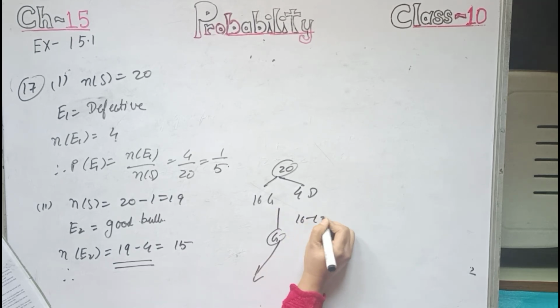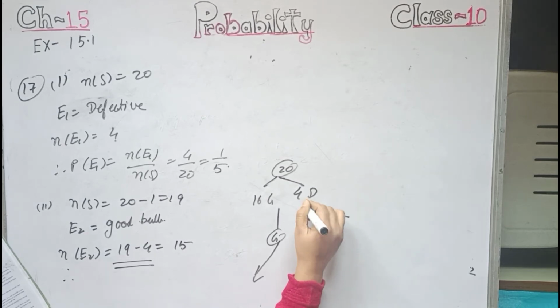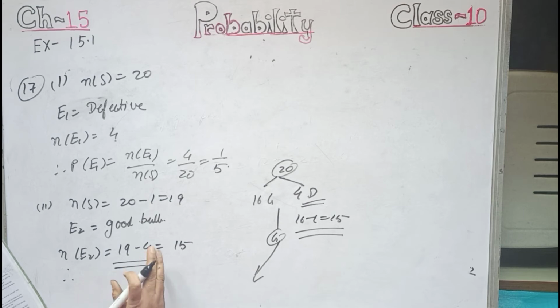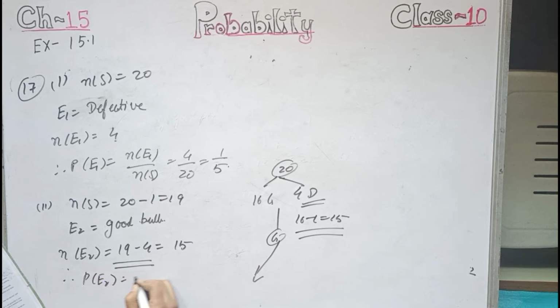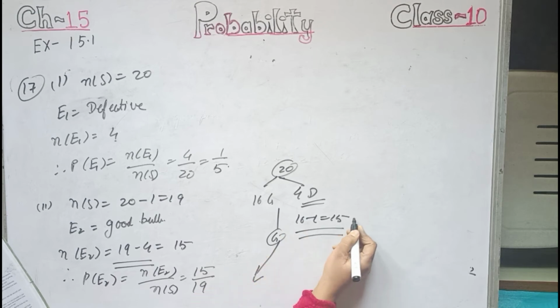So 16 minus 1, that is 15. So 15 good and defective is still 4 only. The question is asking what is the probability that this bulb drawn is not defective, that it is good. Therefore P(E2) equals n(E2) by n(S) equals 15 by 19, because now the total number of bulbs is 15 plus 4, that is 19.